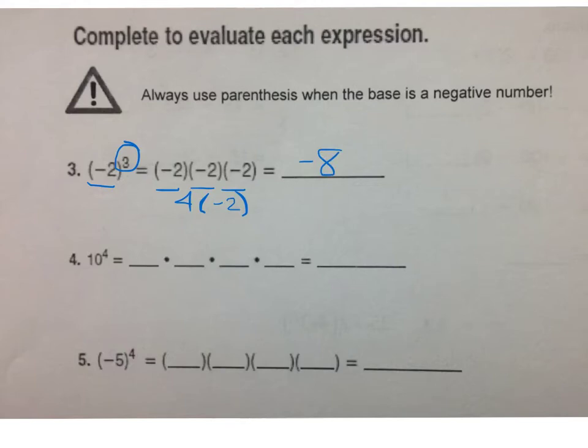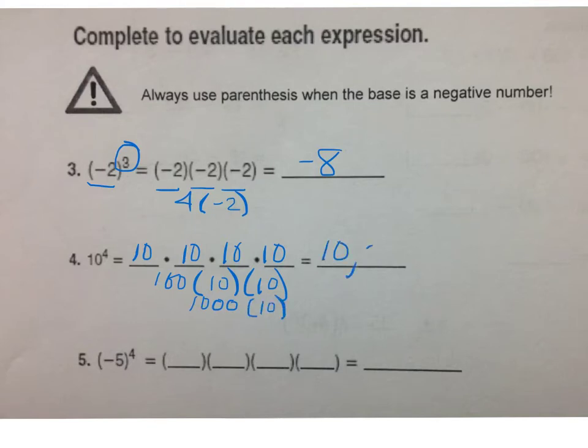In our next example, we have 10 to the fourth power, which means use the base of 10 as a factor 4 times. 10 times 10 is 100, and notice I'm just following order of operations here. That's what we do when we evaluate. 100 times 10 is 1,000, and then 1,000 times 10 is 10,000. So 10 to the fourth is 10,000.